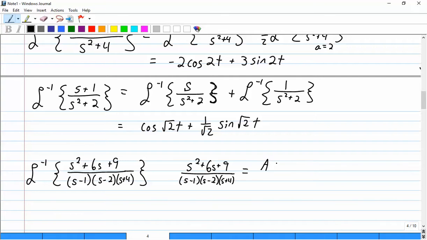It's called partial fractions. So A over s minus 1, these are distinct linear factors, so we do just put A over the first one plus B over the second one plus C over the third one. Then we're going to multiply through by the common denominator.